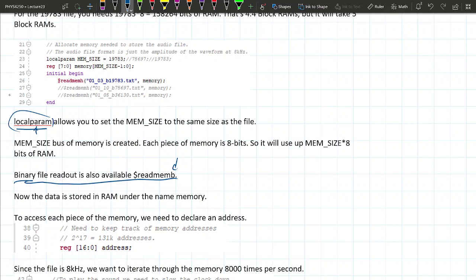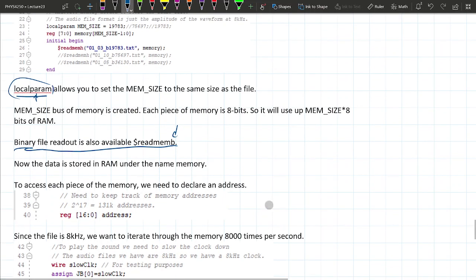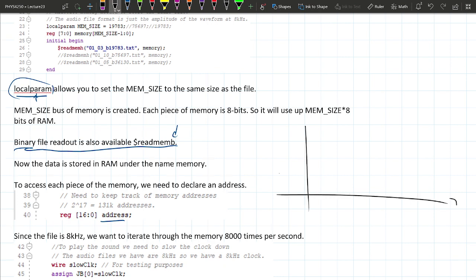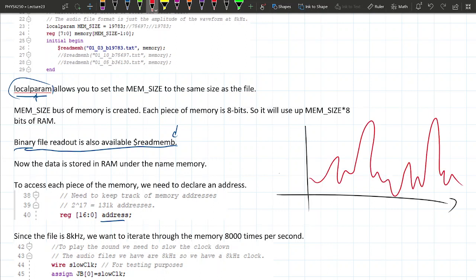In order for the FPGA to access this memory, it has to know where it is. So I'm going to do this little drawing once again. I probably should have planned ahead and made it ahead of time, but let's say my sound wave is this, whatever this is, and then this is a high 8 kilohertz clock.